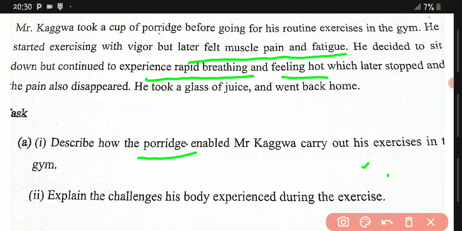It is the one which leads to rapid breathing. You can talk about little or less amount of oxygen in the muscles.